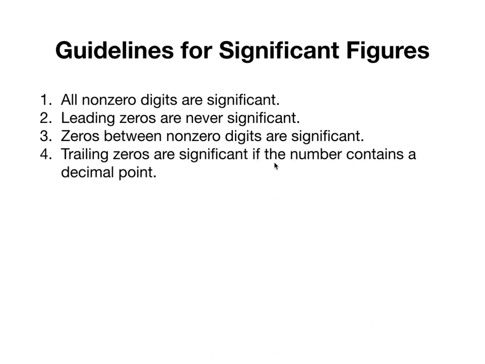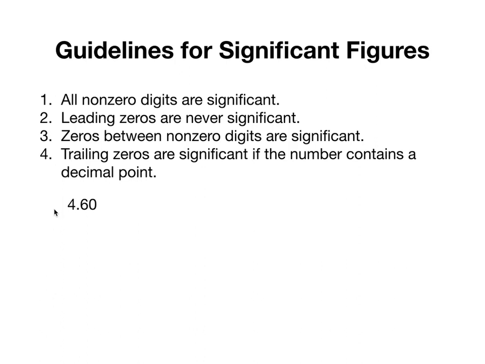Okay, all right. Trailing zeros are significant if the number contains a decimal point. Okay, if the number contains a decimal point. So let's look at some examples there. 4.60. Okay, so we know the 4 and the 6 are significant. That's a trailing zero.